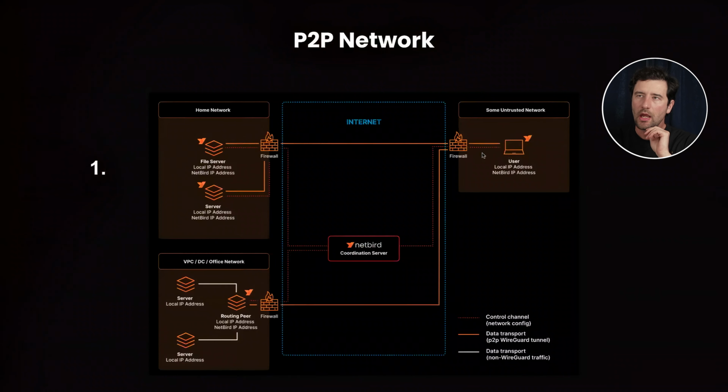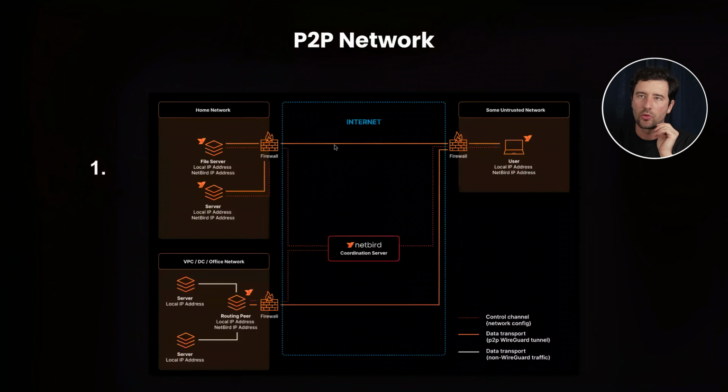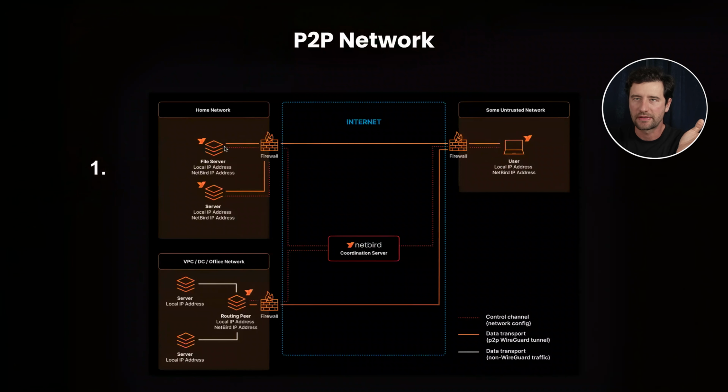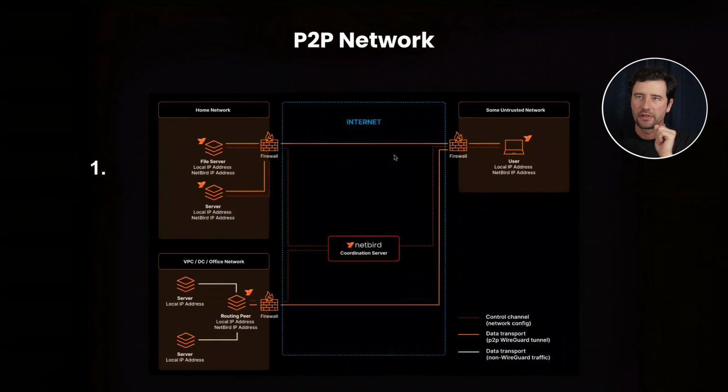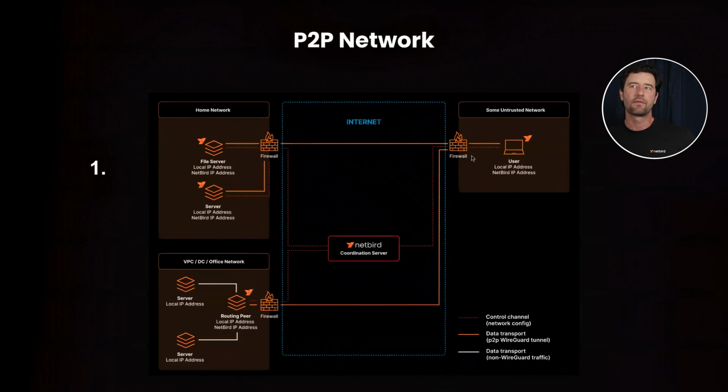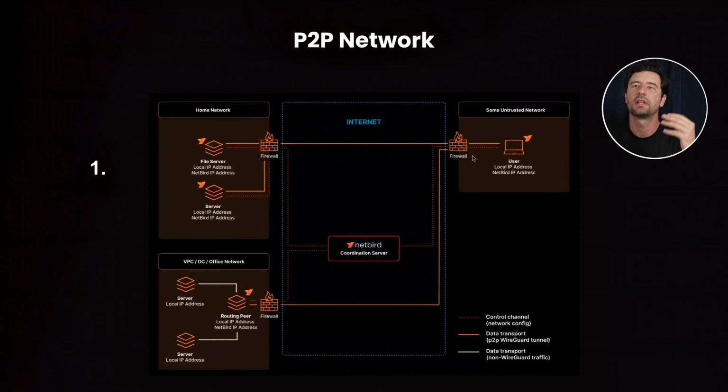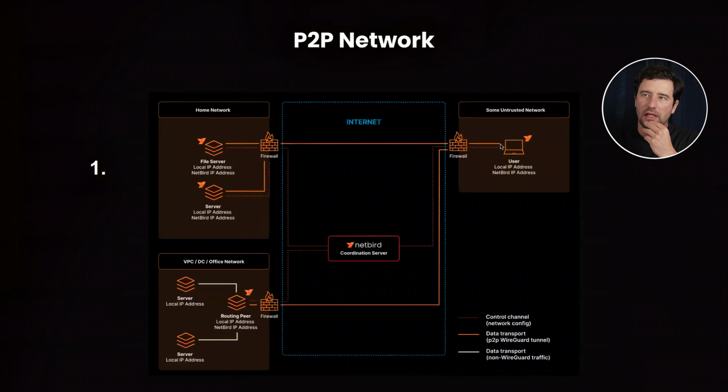Doesn't really matter. And a user tries accessing these servers, and when you run NetBird on every device, the agent creates a direct tunnel between these devices. So in this case, there is a tunnel you see going from here all the way to the file server, and also from the user all the way to the server. That's a WireGuard tunnel, and that's the peer-to-peer use case.